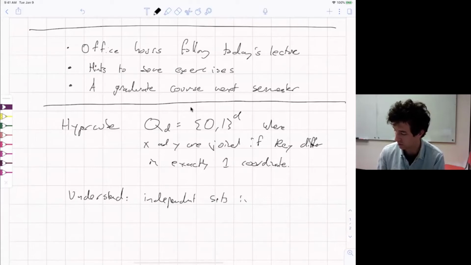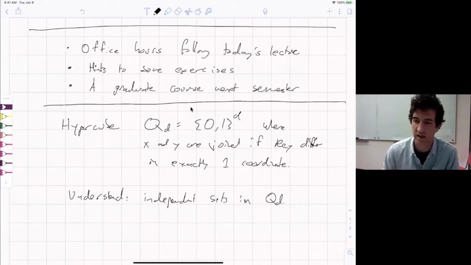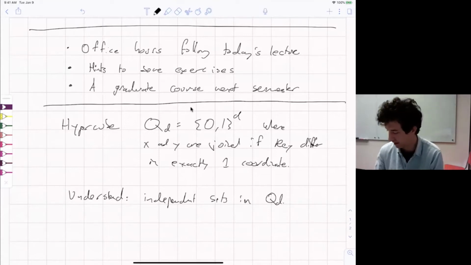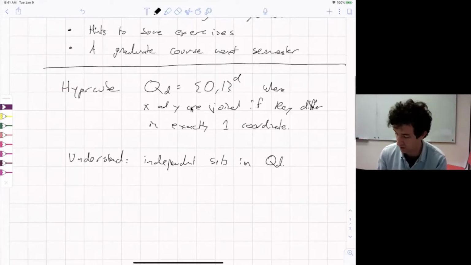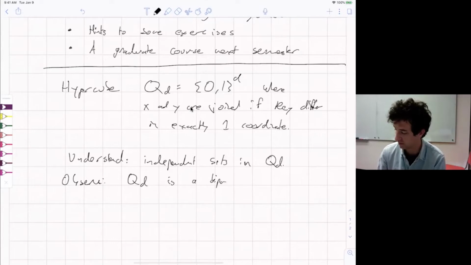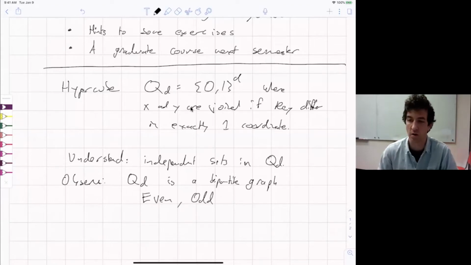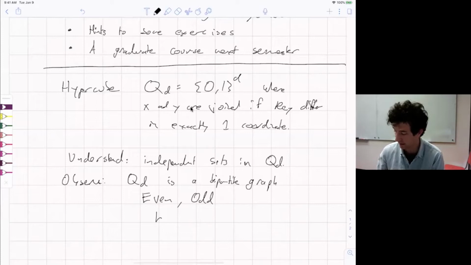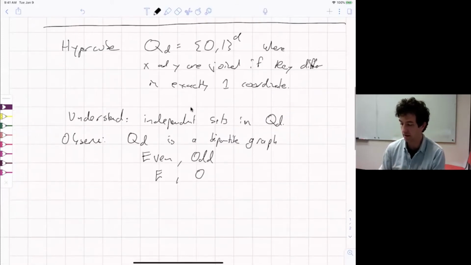in the hypercube. This is a classical problem in combinatorics, and you'll see the famous result in a second. The first thing to observe is that Q_d is a bipartite graph. And we can think of the bipartition as being even and odd vectors, 0-1 vectors whose sum of coordinates is even or whose sum of coordinates is odd. I'll call this E and O. And so any subset of the even vectors or any subset of the odd vectors is, of course, an independent set.